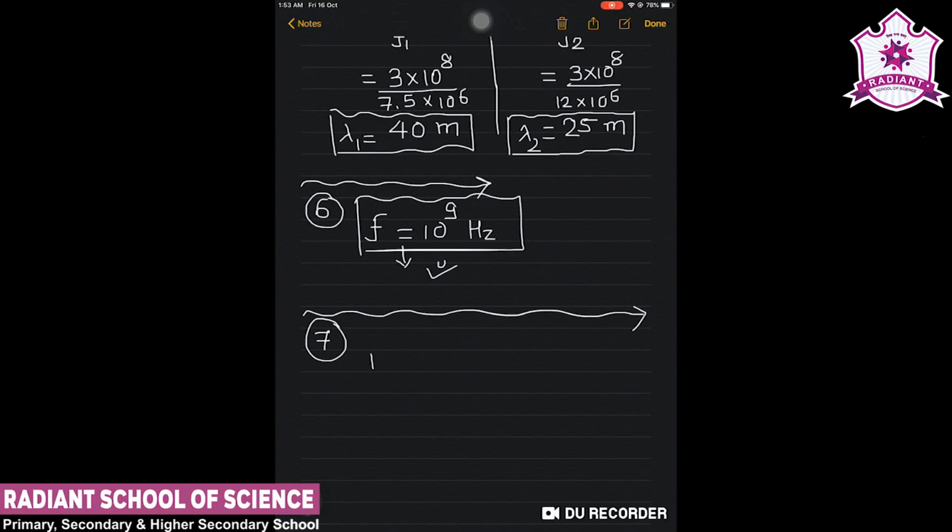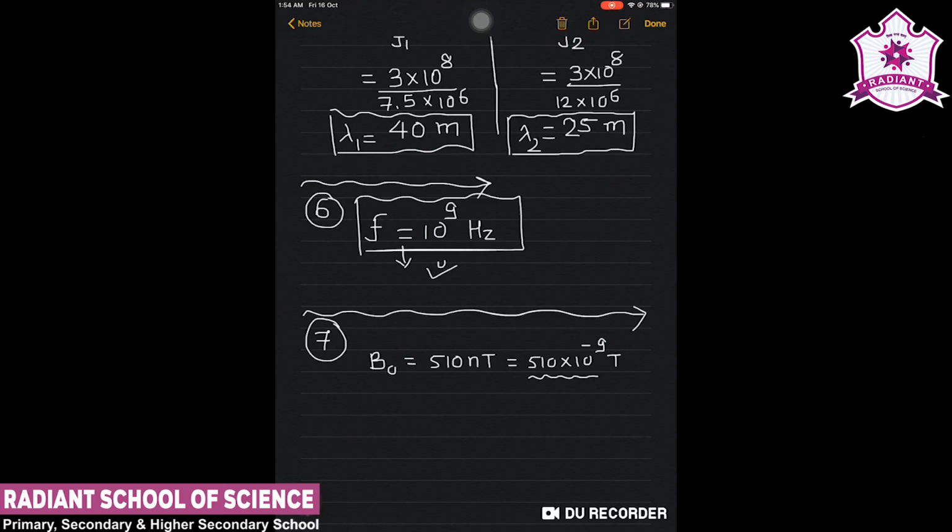So we are given the magnitude of the magnetic field, that is 510 nano Tesla. We can say that this is equal to 510 into 10 raised to minus 9 Tesla. So we are given the magnetic field.